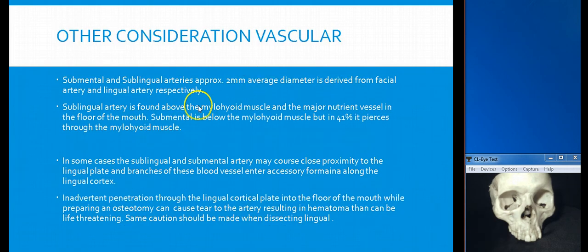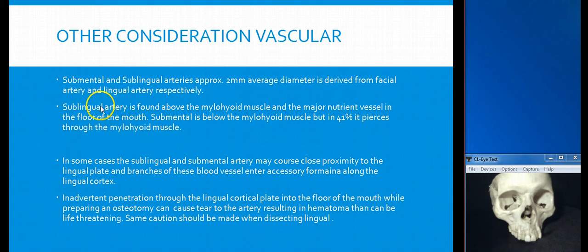The other vascular consideration is also very important, and I'll show you a little CT scan for this too. The submental and sublingual arteries are approximately 2 millimeters in average diameter, and like I said, at 2 millimeters you should be worried about tearing the artery, because it can lead to very quick blood loss. One is derived from the facial artery, the other from the lingual artery.